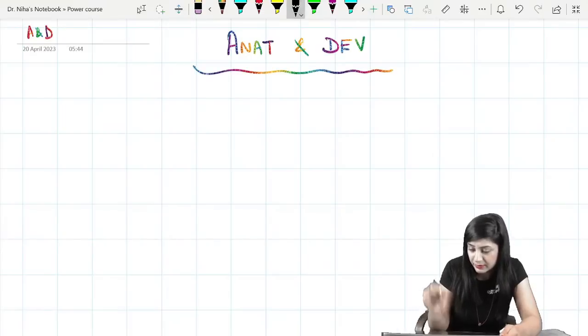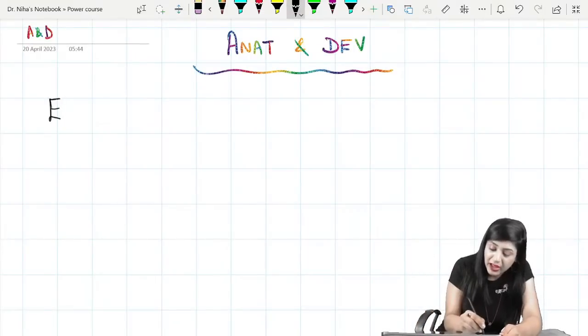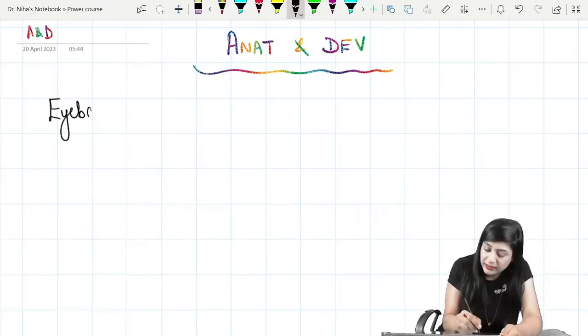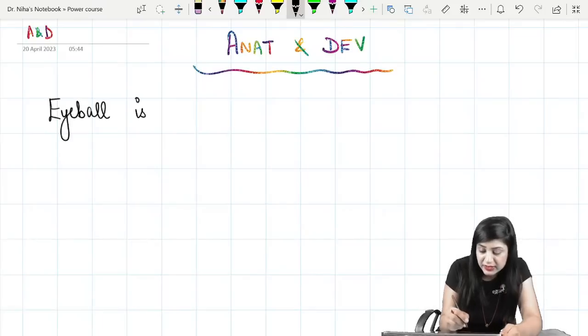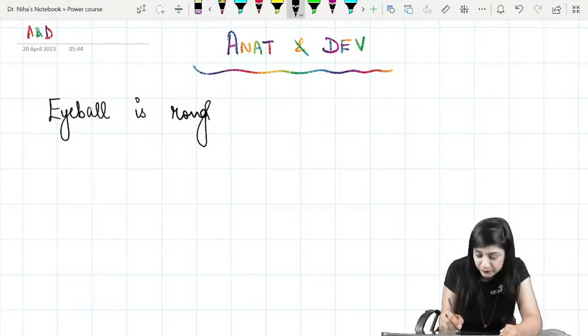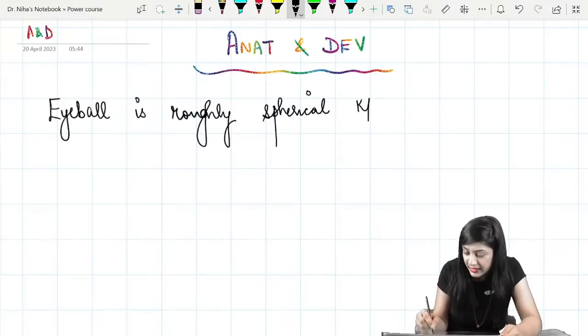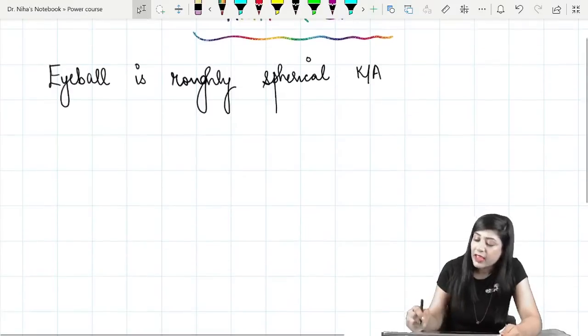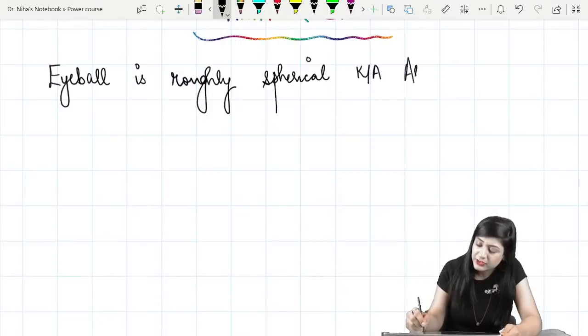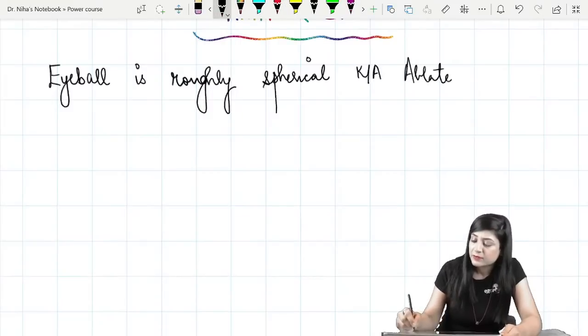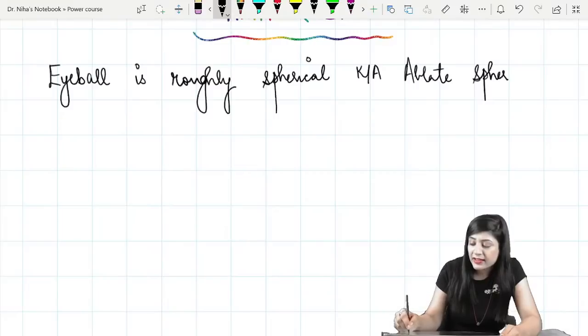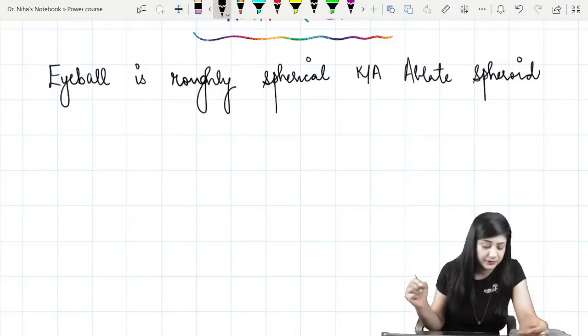First of all, we will write the definition of the eye. The eyeball is roughly spherical in shape, and it is called an oblate spheroid.